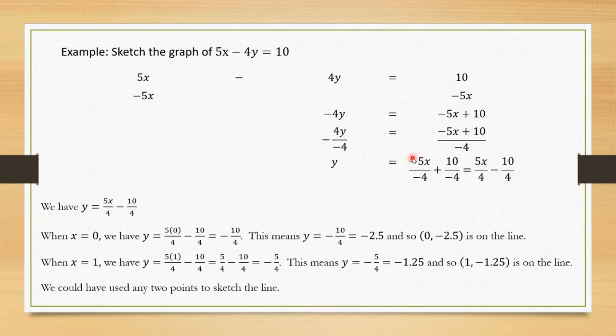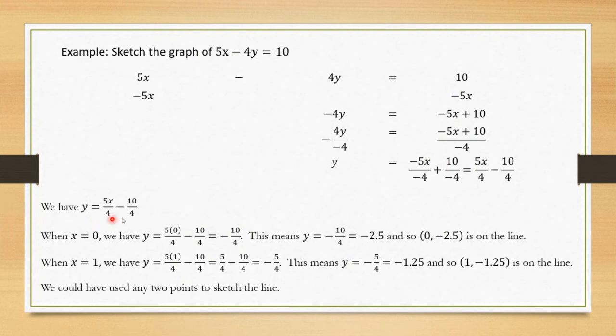So we get minus 5x over minus 4 plus 10 over minus 4, which of course is just 5x over 4 minus 10 over 4. Same thing. So this is an equation of the line, another way of writing it, that is, slope-intercept form. So again, we can get 2 points. Take x to be 0, for instance.